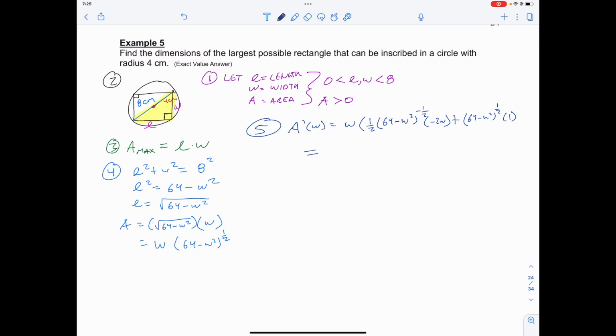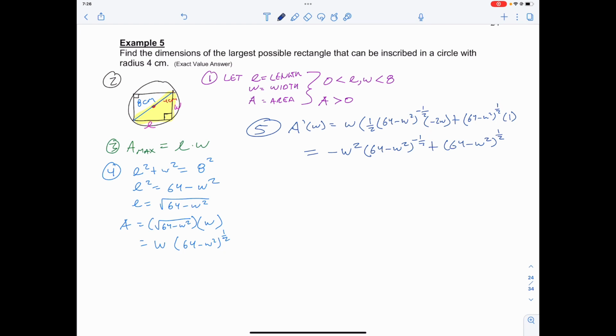This is going to give me negative W squared times 64 minus W squared to the negative 1/2 combined with 64 minus W squared to the positive 1/2.